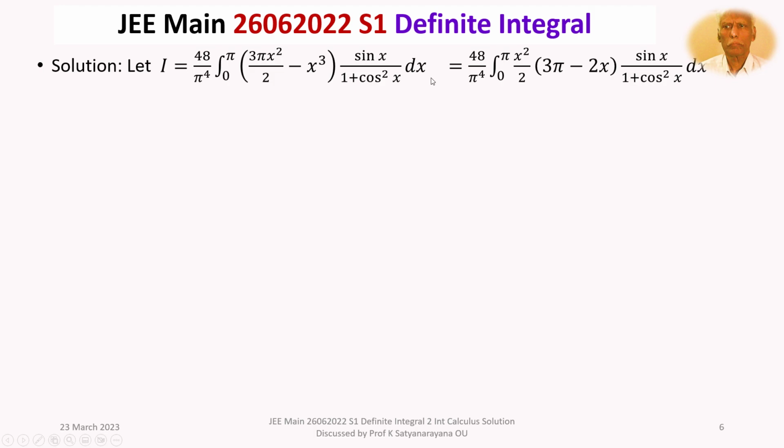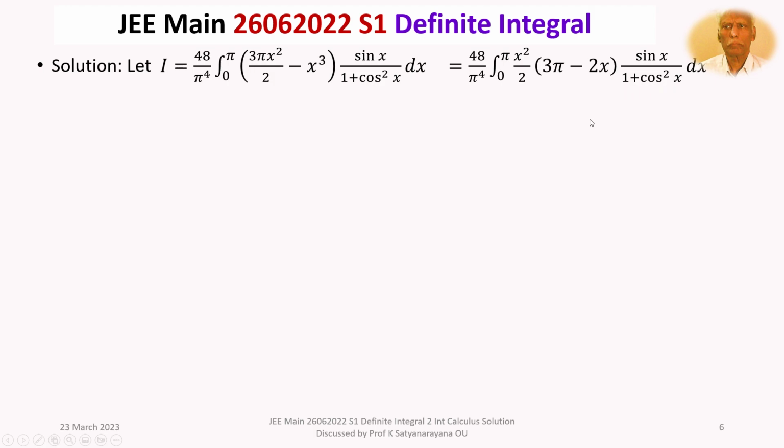Taking the LCM, we get 3 pi x square minus x cube minus 2x cube, whole by 2. In the numerator x square is common, so x square by 2 is taken out, and we get in brackets 3 pi minus 2x, multiplied by sin x by 1 plus cos square x.